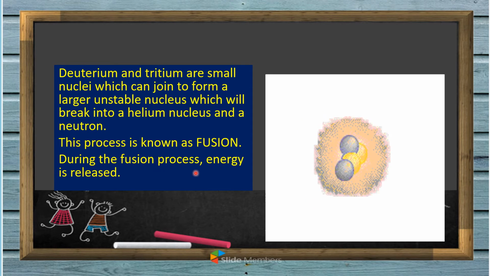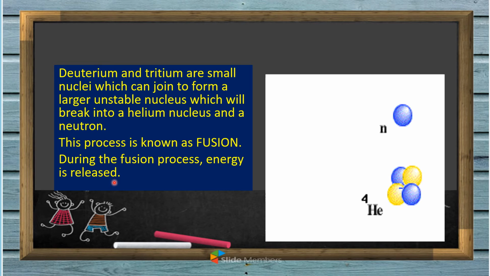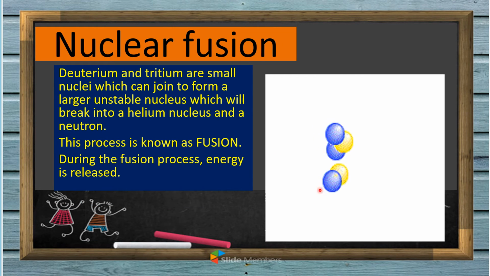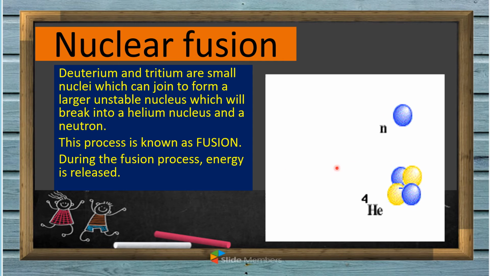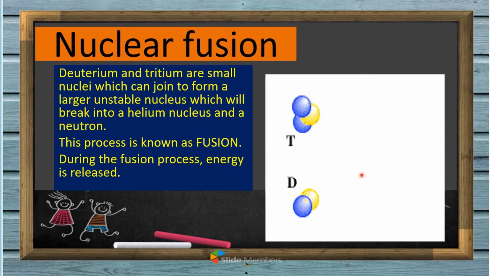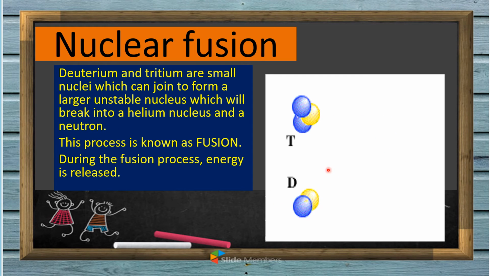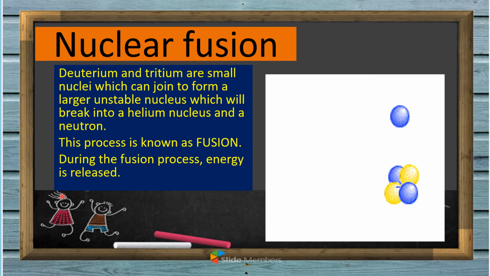During the fusion process, energy is also released. Again, tritium and deuterium fuse together, then break and form a helium and also a neutron. During the fusion, when it breaks, energy is also released.